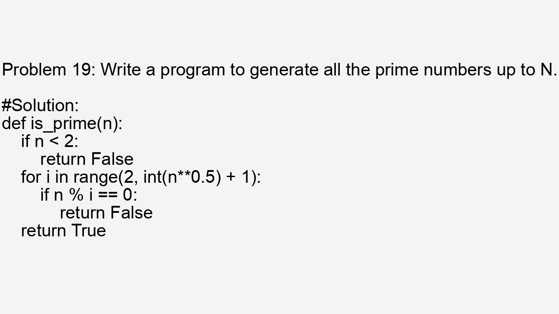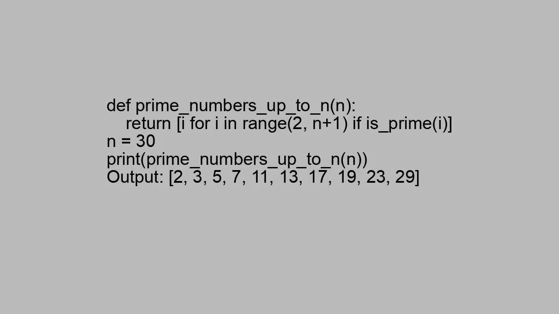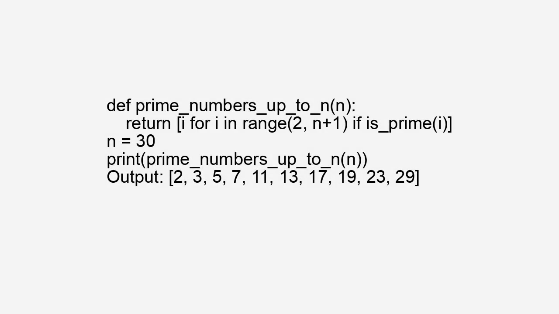Problem 19. Write a program to generate all the prime numbers up to n. # Solution. def is_prime(n): if n < 2: return False. for i in range(2, int(n ** 0.5) + 1): if n % i == 0: return False. return True. def prime_numbers_up_to_n(n): return [i for i in range(2, n + 1) if is_prime(i)]. n = 30. print(prime_numbers_up_to_n(n)).